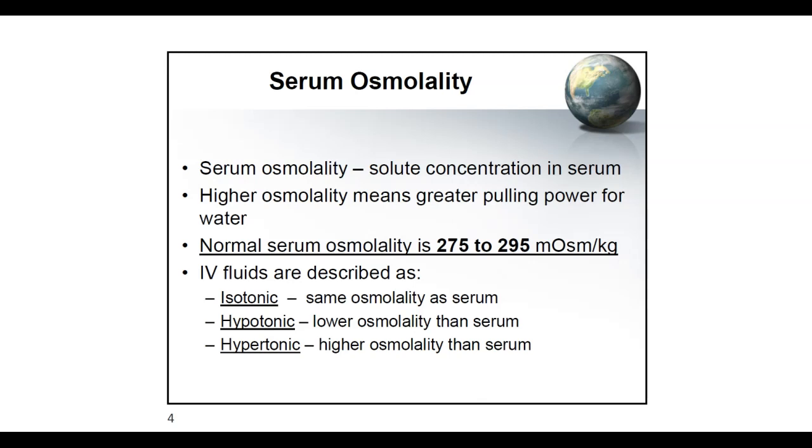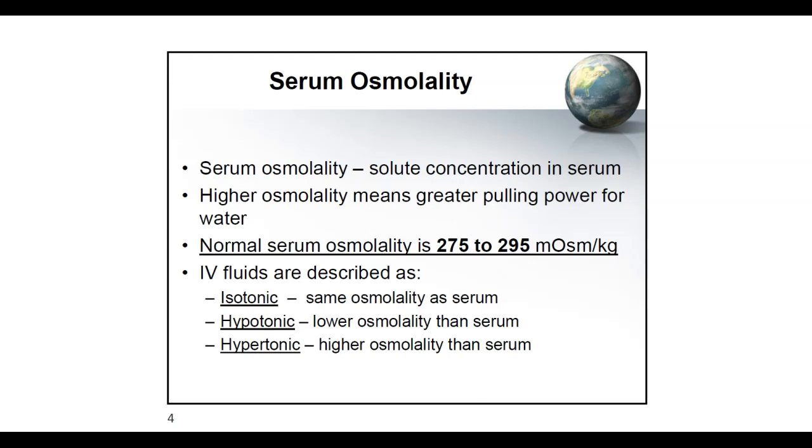Your normal serum osmolality would be, depending on your lab, but this is a general ballpark, 275 to 295. So that's your normal serum osmolality in blood. Now, we describe IV fluids depending on their concentration or serum osmolality.